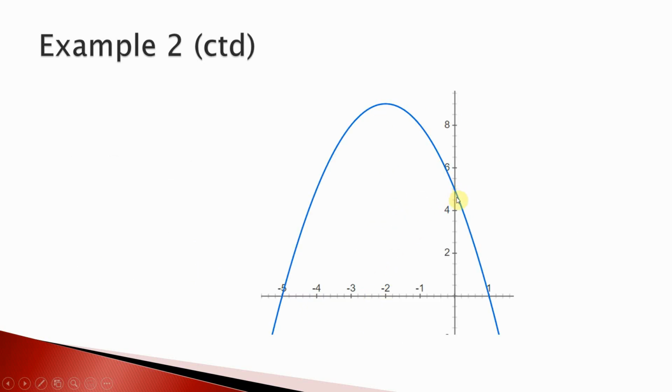The coordinates are 0, 5, and this has a maximum value. The maximum occurs at x equals negative 2. In practical applications, finding the maximum and minimum is very important.